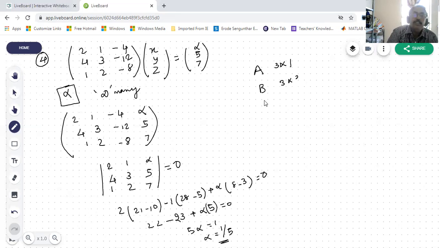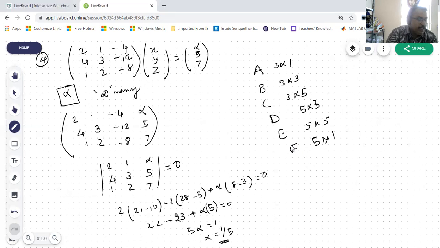C is of order 3 cross 5, and D is of order 5 cross 3. E is of order 5 cross 5, and F is of order 5 cross 1. These are the orders of the matrices given.